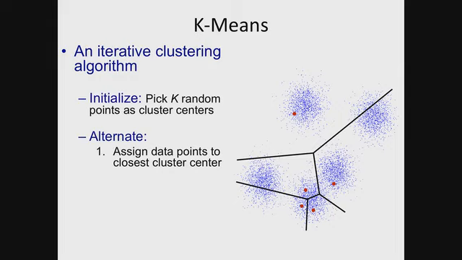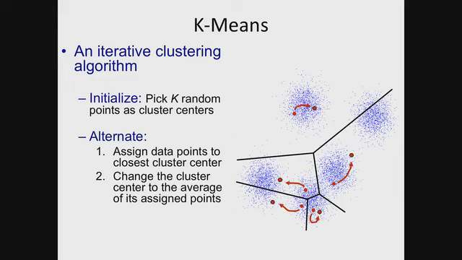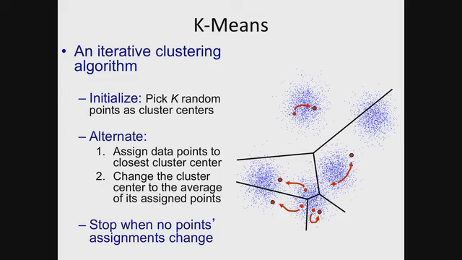And so every data point in this Voronoi cell will then be assigned to this data point. Every data point in this Voronoi cell will be assigned to that data point, and so on. Okay? So we're going to now assign all data points to their closest cluster center. And then we're just going to average all the data points assigned to some cluster center to get the new cluster center. And you repeat. And you're going to stop this procedure when no point assignments change.